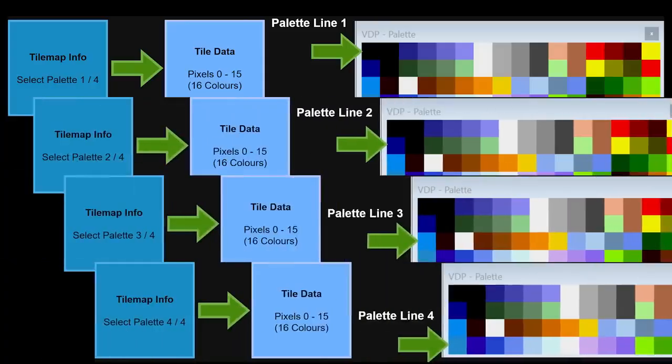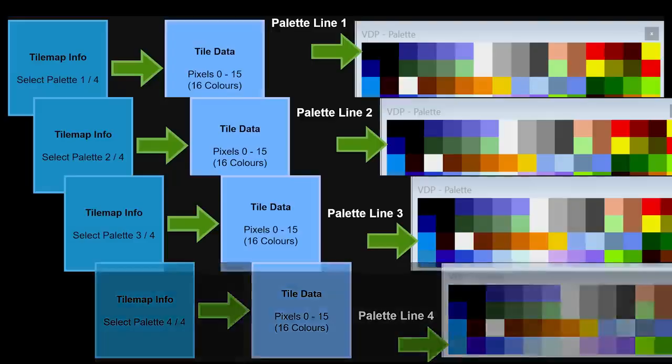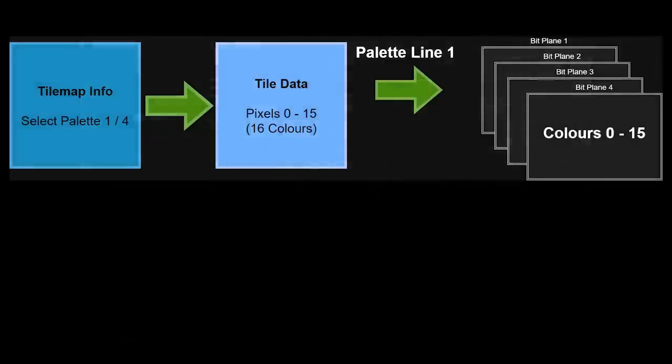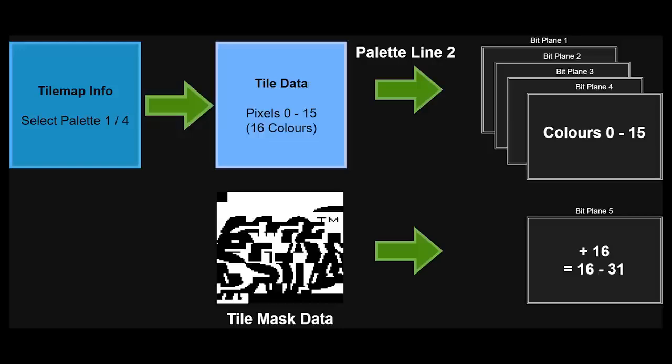We need to recreate this colour mapping on the Amiga to remap the pixel data to 64 colours at runtime. And as part of this tooling, a mask is created. This mask denotes each pixel that is set in the graphics data. The mask itself is then written to one or more of the Amiga's bit planes, which has the effect of shifting the colours into the higher palette values.